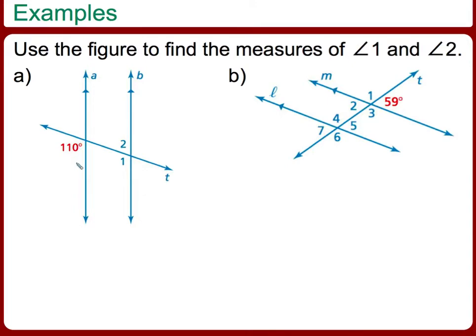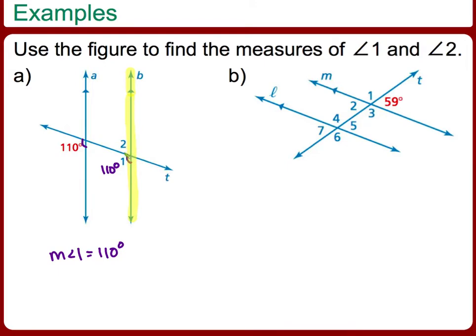We know that the 110-degree angle corresponds with angle number 1, so we know that both of those angles are 110 degrees. So we could say the measure of angle 1 is equal to 110 degrees. Well, what do we know about angle 2? Angle 2 is adjacent and on the same line B here.